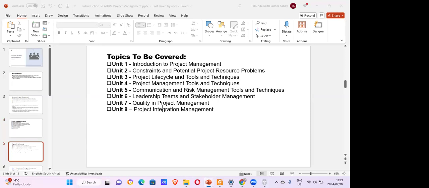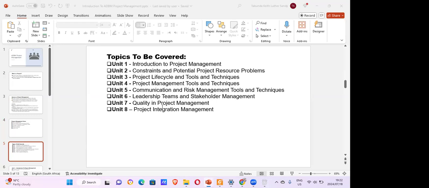All right, so when you talk about projects again, there are what are called the triple constraints. Okay, they are what are called the triple constraints. These three things affect each project that you do.